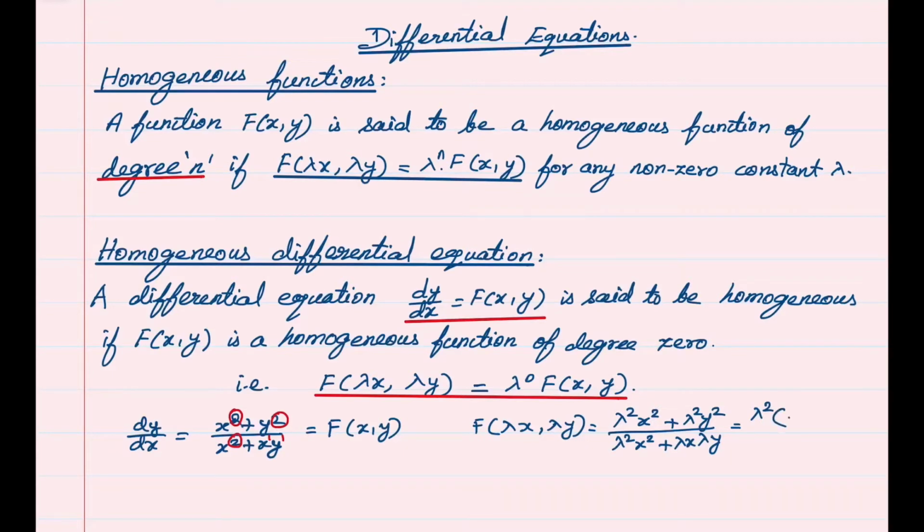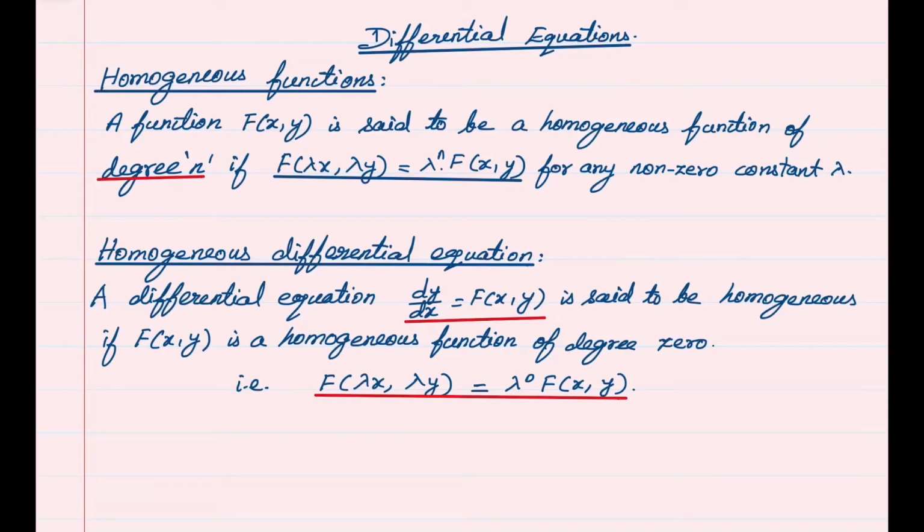Lambda square times x square plus y square divided by lambda square times x square plus xy, which is f of x comma y. So, it is of degree 0. So, dy by dx is a homogeneous function of degree 0. Therefore, the given differential equation is a homogeneous differential equation.